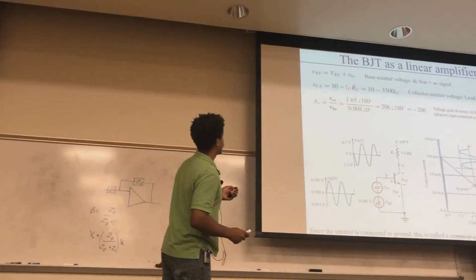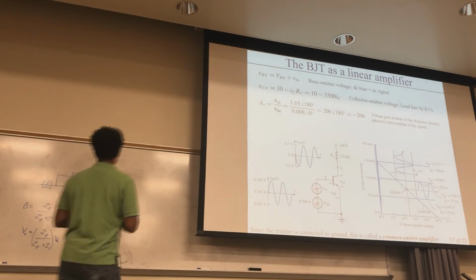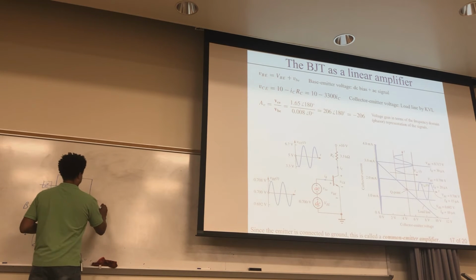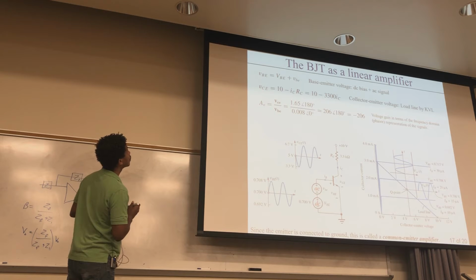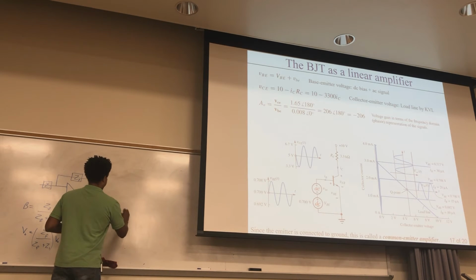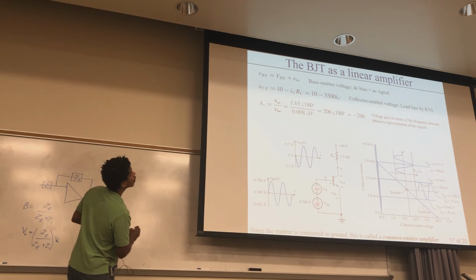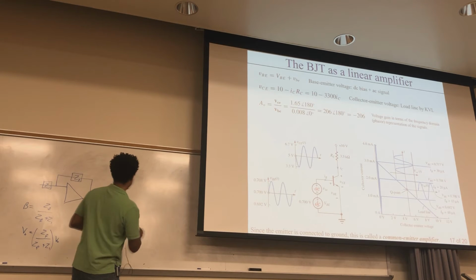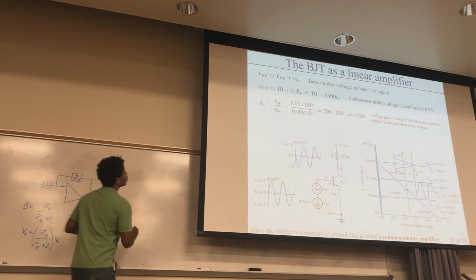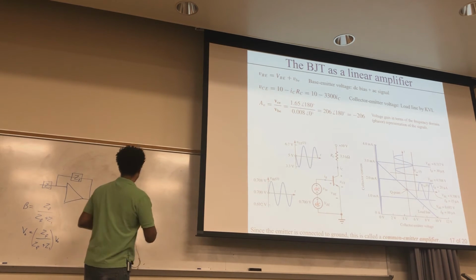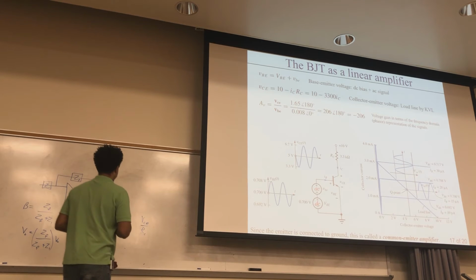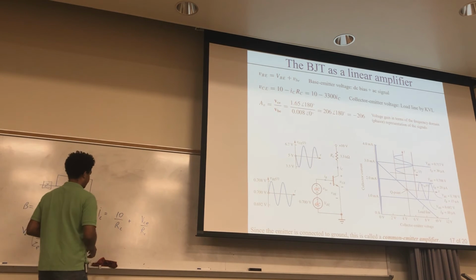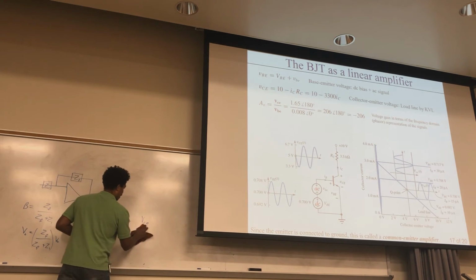So if you solve for that right there, you have your IC equal to 10 over RC plus this VCE over RC. So if you think about it, it's sort of like this. Well, let me put that on the front.